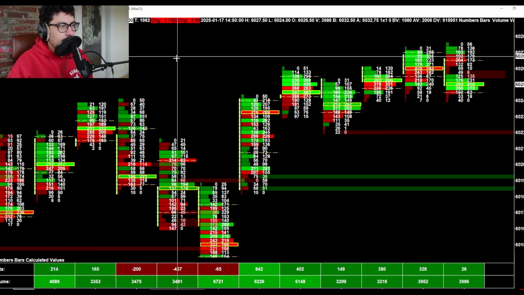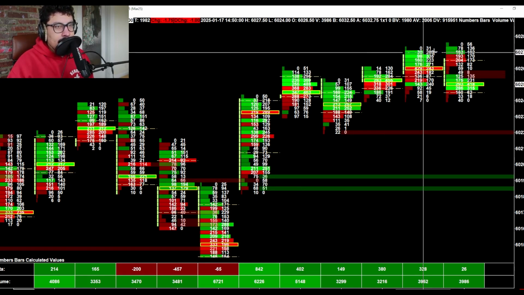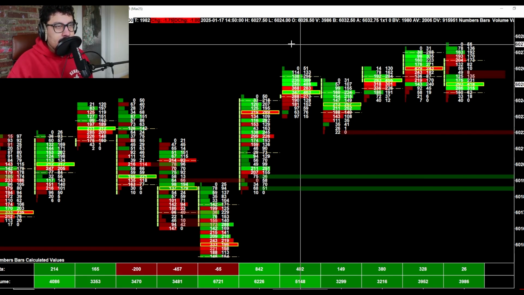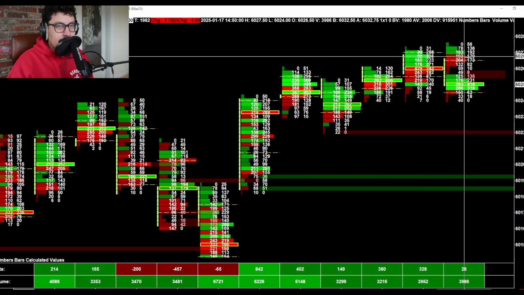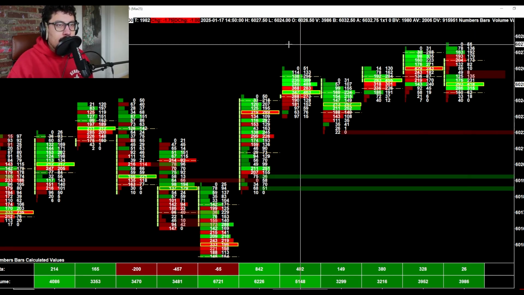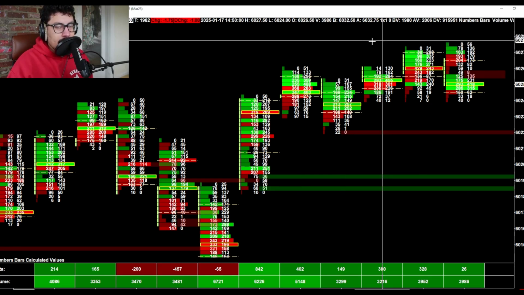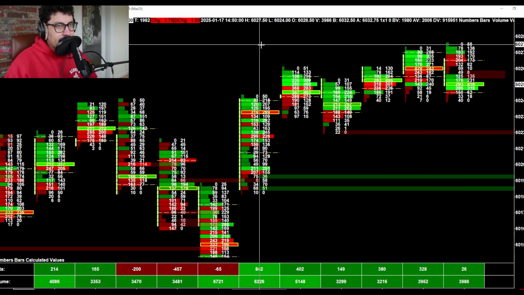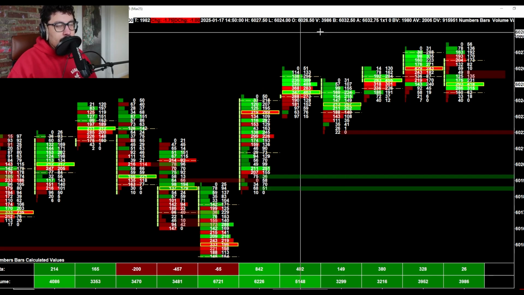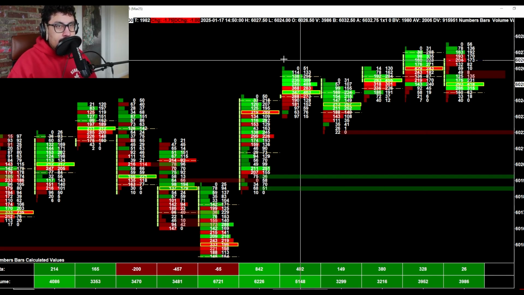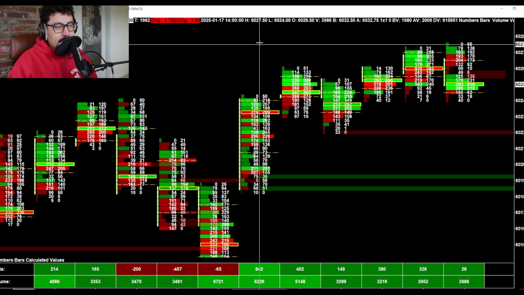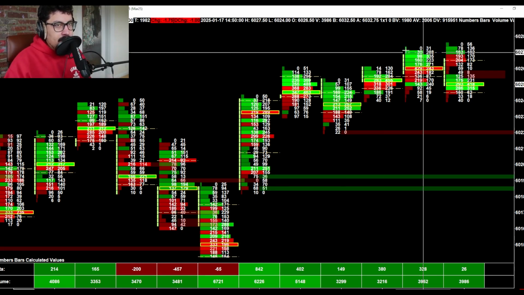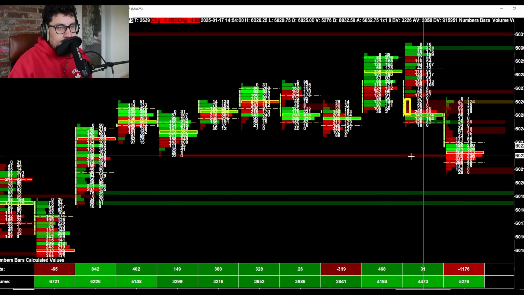When price comes up here and hits this, if you see a lot of aggressive buyers on the bid at this level, and price doesn't move further up or only moves a little bit and comes back down despite all that buying, that's a sign that there are probably a lot of passive sellers with orders resting at the same level. There are just way too many for the buyers to take over. Then the buyers get trapped if price moves lower. So it's just the strength of a level.